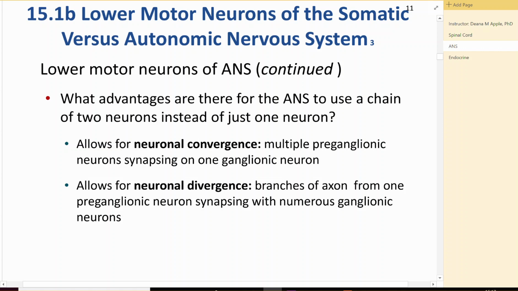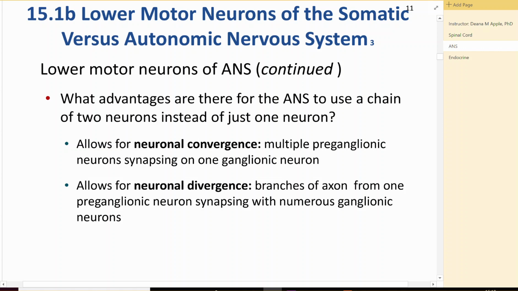We can fine-tune our response by having more or less of these primary neurons, these preganglionic neurons, synapsing onto that ganglion. It's another layer of control. And the central nervous system is all about control, even when it means we're projecting to the peripheral nervous system.